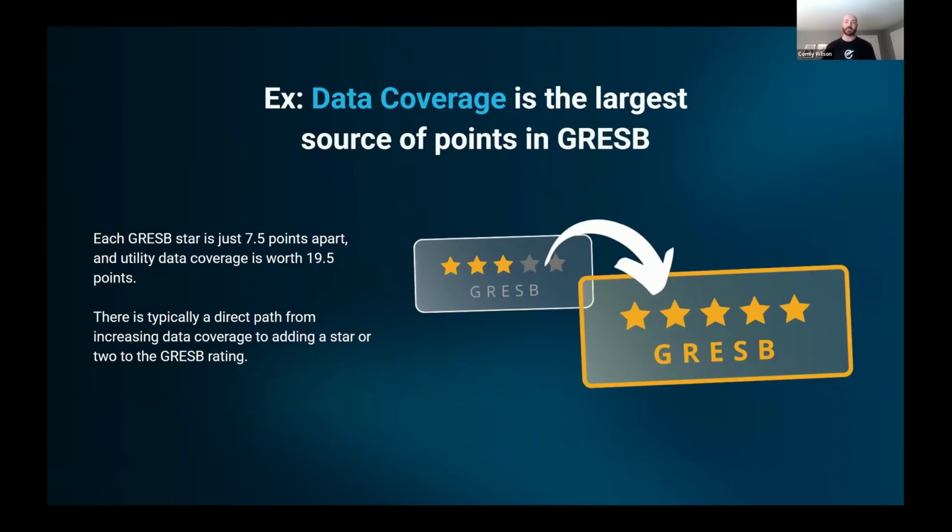And the distance between those ratings is actually pretty narrow. Focusing on just data coverage alone can be the difference between adding a star or 2, or even losing one, and that can be the difference between acquiring or retaining an LP.